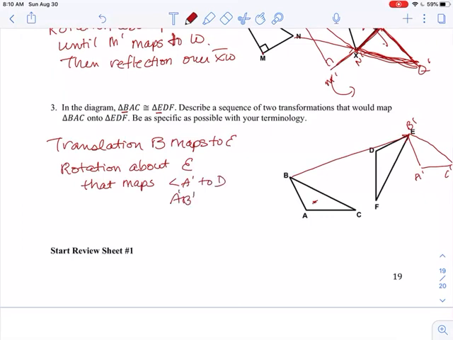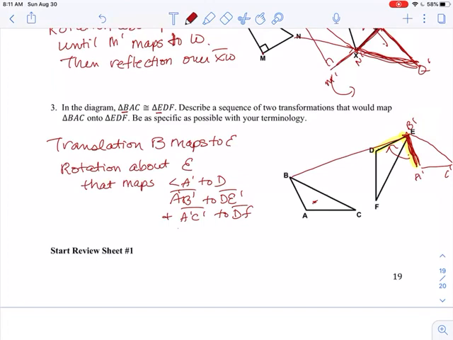angle A prime to D, side A prime B prime to D E prime, and A prime C prime to DF. So this one actually, if I just rotated it so that this whole side here, and I'll highlight it, maps onto this side.